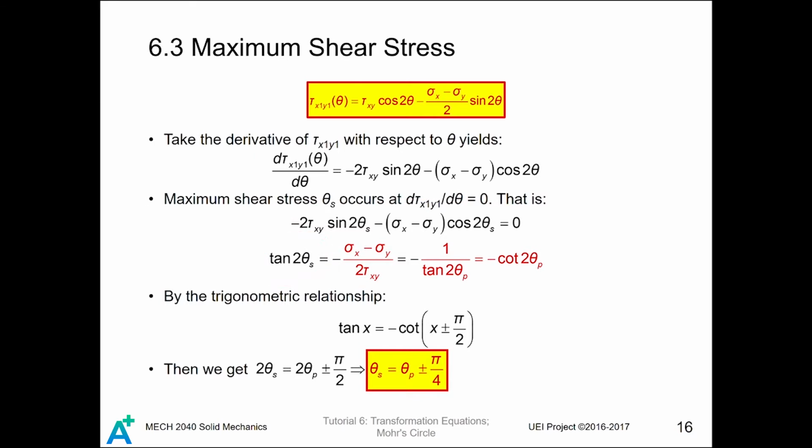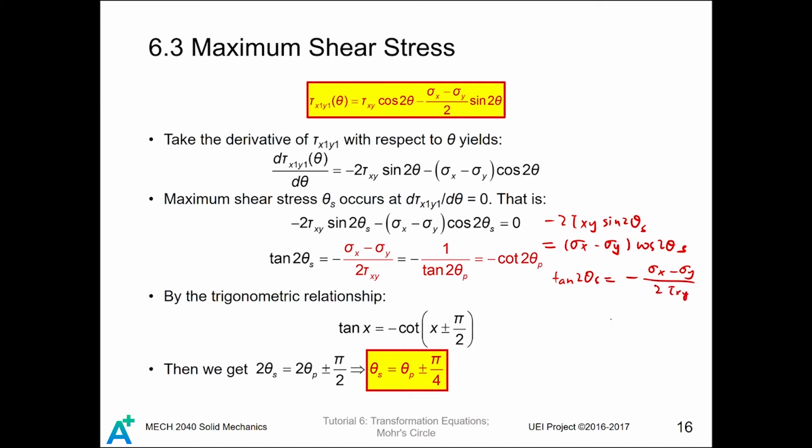After solving the system, you will have minus 2 tau xy sine 2 theta equals sigma x minus sigma y cosine 2 theta s. Okay, theta s is just representing the maximum shear stress. Then by rearranging the terms, you can have tangent 2 theta s equals minus sigma x minus sigma y divided by 2 tau xy.